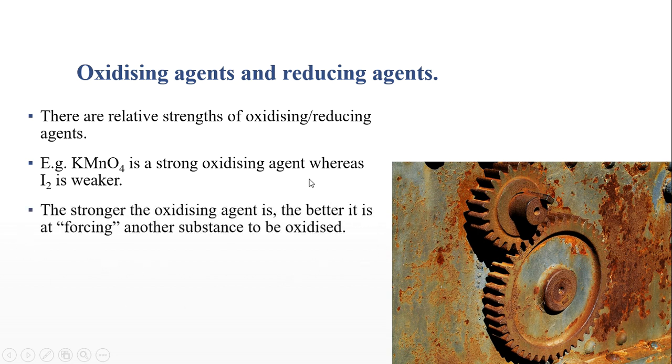And the stronger the oxidizing agent is, the better it is at forcing another substance to be oxidized. Useful for quite a few chemical reactions if we want to oxidize molecules, for example, turn alcohols into carboxylic acids and stuff like that. And we can say the same thing about reducing agents. The stronger they are, the better they are at forcing something else to be reduced.